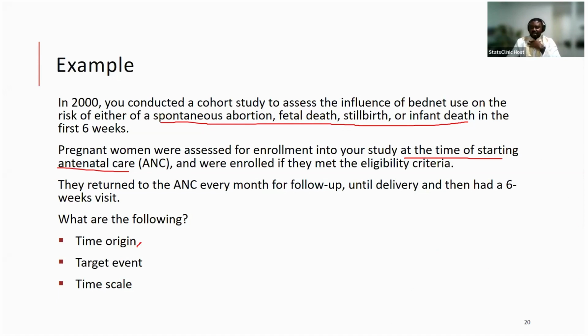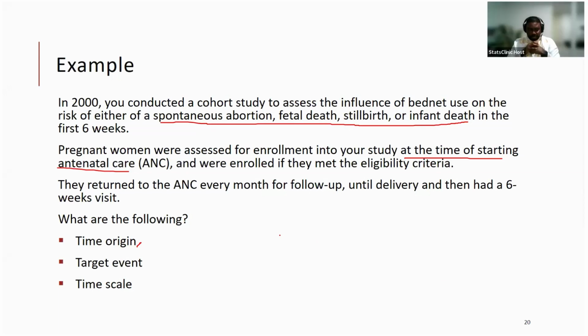So what time scale would you like to use here? The time scale I would like to use here is weeks. Why weeks? Because initially they come for follow-up monthly until delivery, and then you add the 6 weeks, which is a smaller and easier way of representing the time scale.